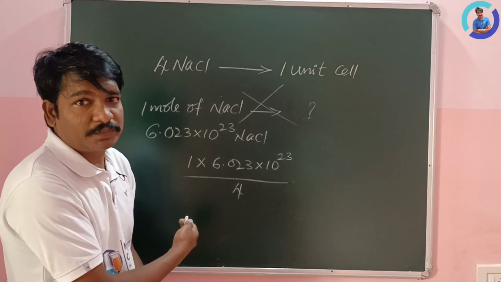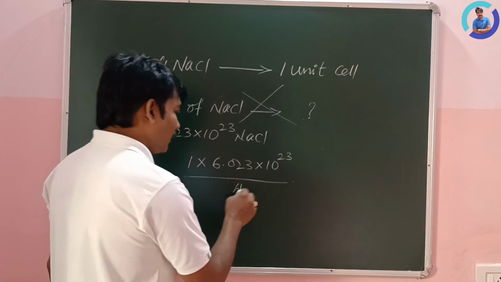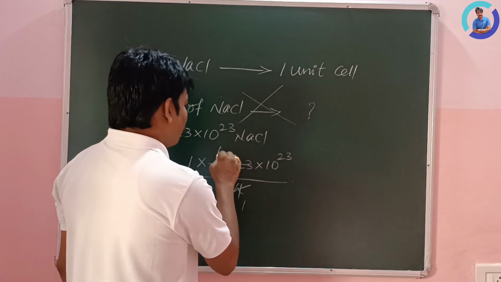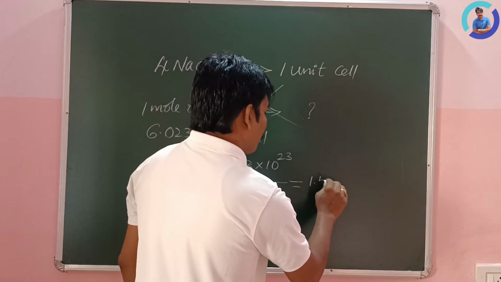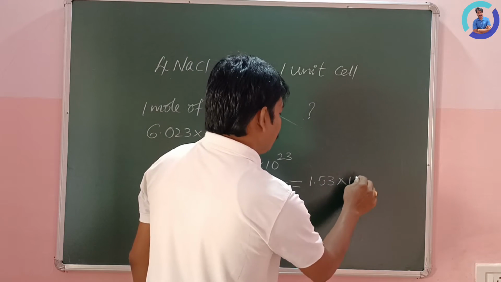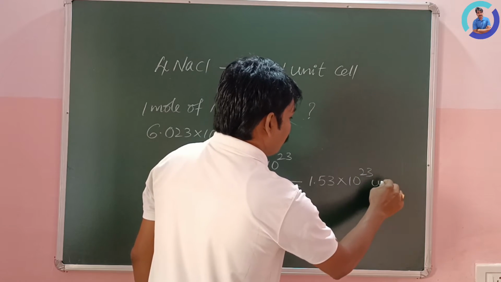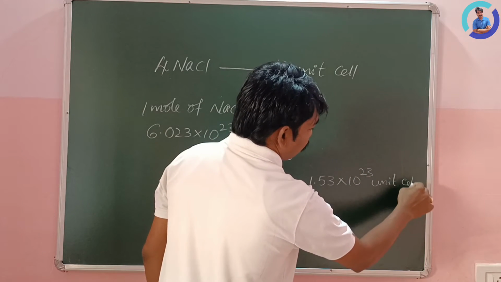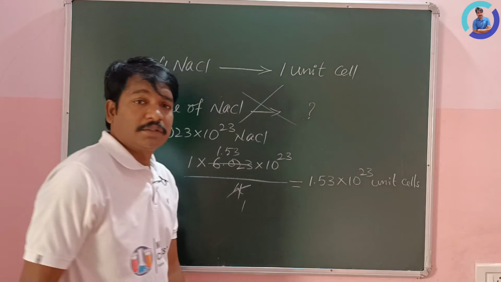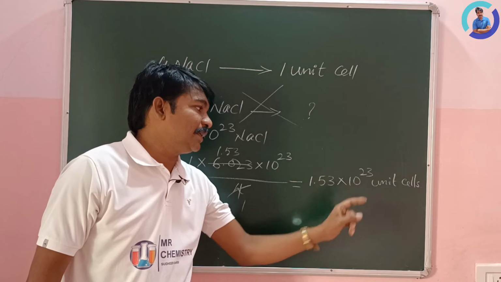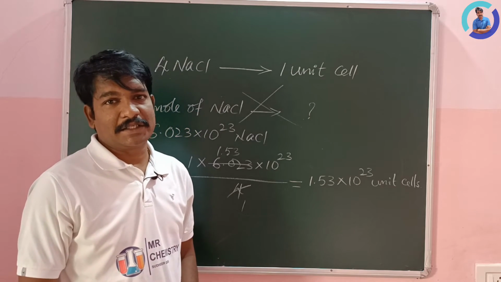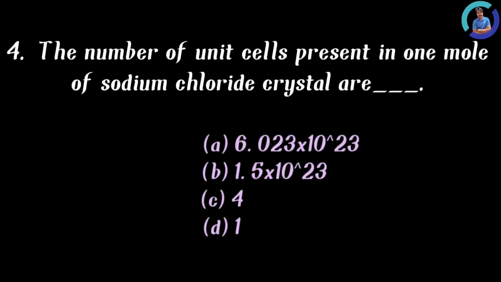This is 1 by 4th of Avogadro number, that is equal to 1.53 into 10 to the power of 23 unit cells. So 1 mole of sodium chloride contains 1.53 into 10 to the power of 23 unit cells.